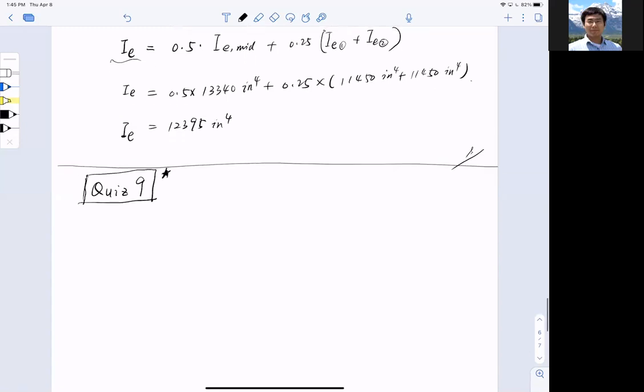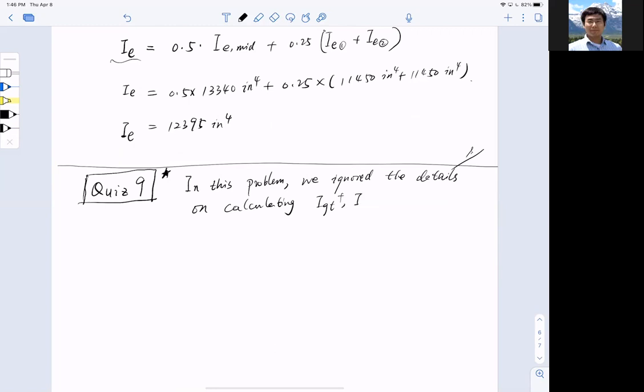Now here, again, in this problem, let me write it out. We ignored the details on calculating IGT positive, ICR positive, IGT negative, ICR negative for the T sections.